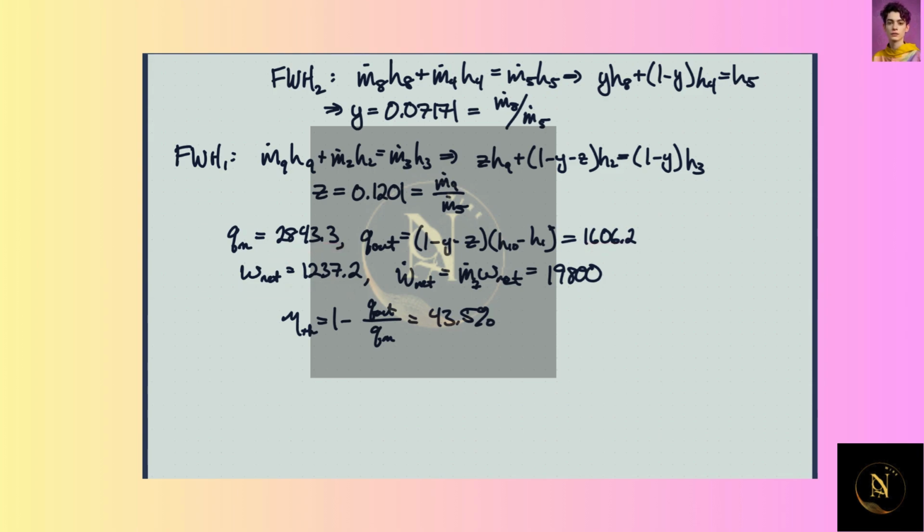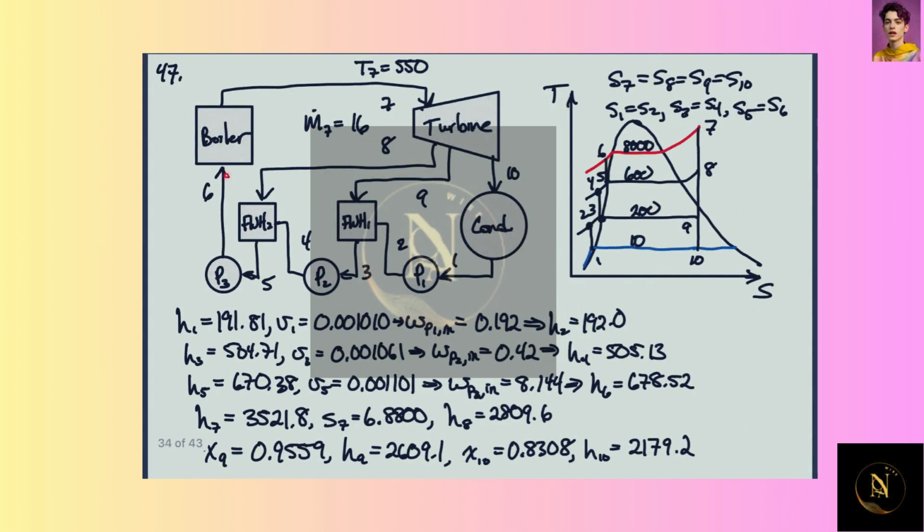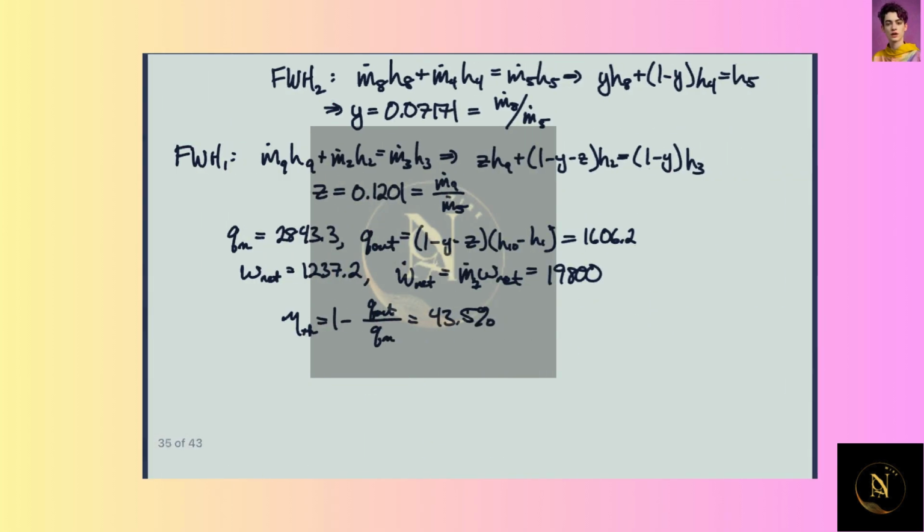And then the net power, we know the mass flow rate at 7, which is the same as at 4, and at 7 and at 6 and at 5 are the same. So we can multiply, that's 16 kilograms per second times this specific work, and we get about 19.8 megawatts.